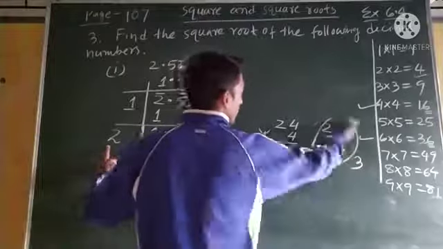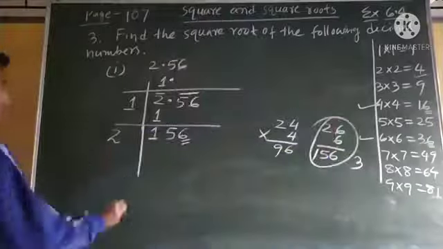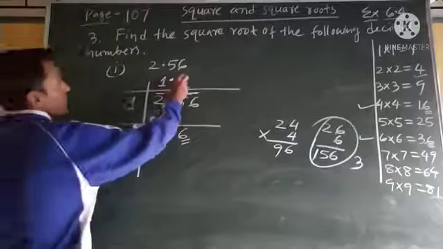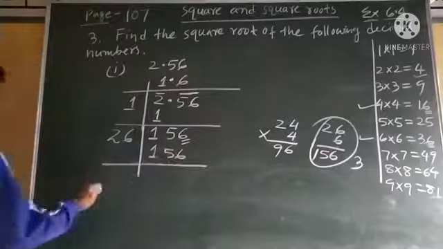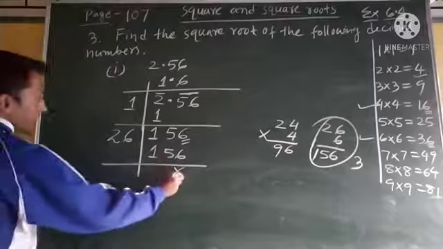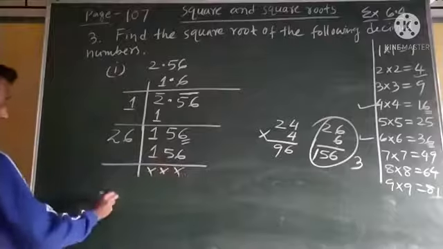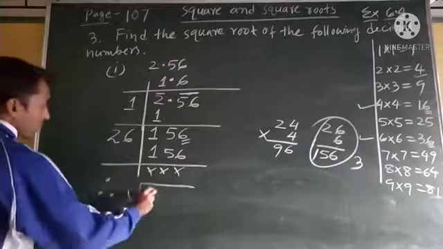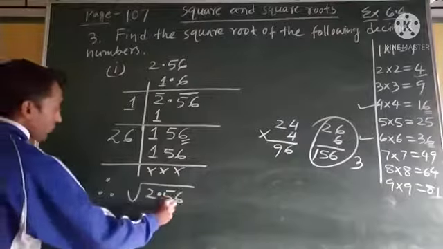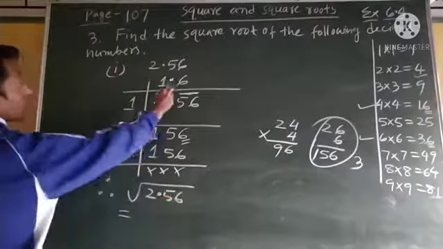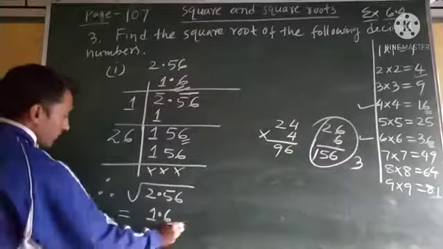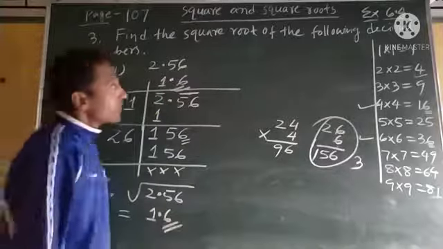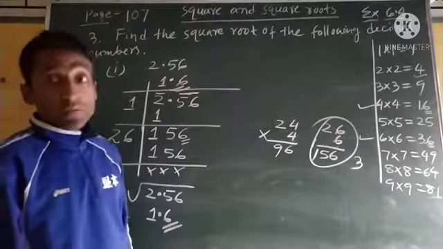That means you have to give 6 times. 26, 6 is 156. So if you do subtract, then you will get 0. Therefore, the square root of 2.56, we get how much? We get 1.6. Now we will do the next one.